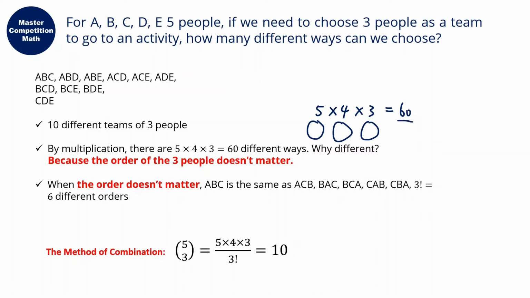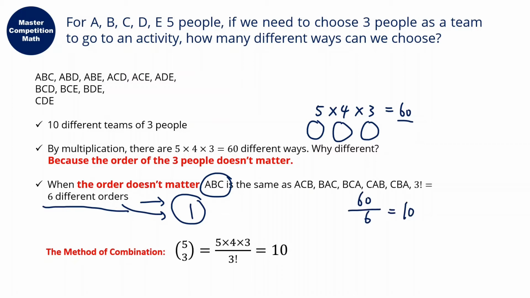This is when order matters. But in fact, the order doesn't matter. So 3 people, 6 different orders is actually only one way. So 6 is actually 1. So we have to use 60 divided by 6. We get the answer 10.